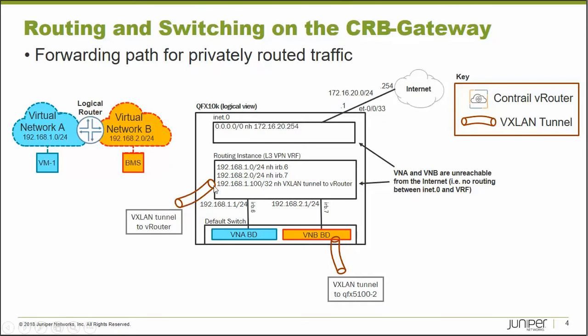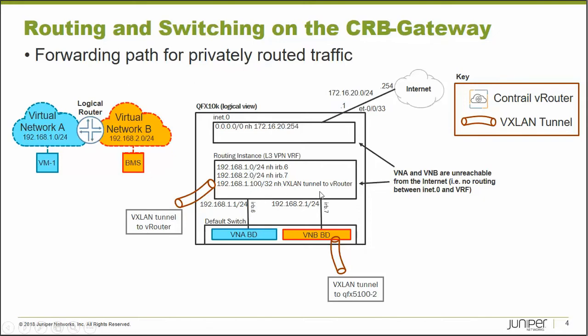Now what we'll notice is that it terminates on the routing instance, which is different. It doesn't terminate on the bridge domain associated with the virtual network. The reason is because the advertisement for that VM was not an advertisement of a MAC address, a type 2. It was an advertisement of a /32 network, and it gets placed in this routing instance.